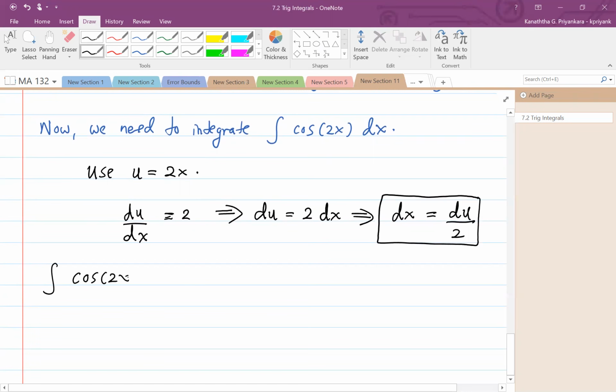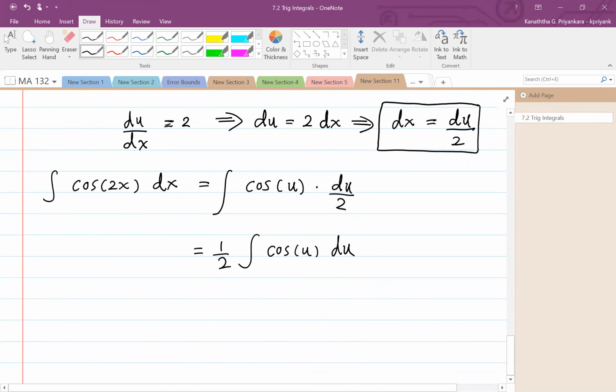So we have the integral of cosine 2x dx. We can replace 2x by u. So cosine u times dx, which is du over 2. Now remember, 1/2 is a constant, so we can bring it outside and we can take the integral of cosine u du.